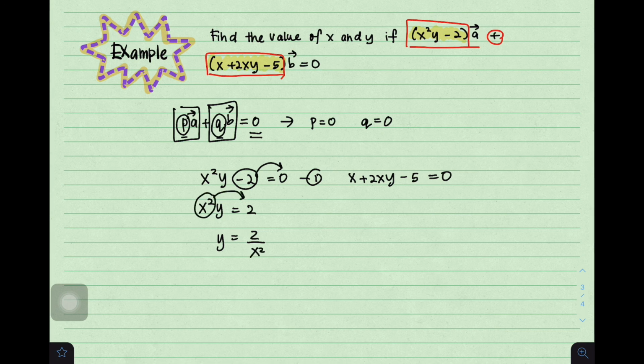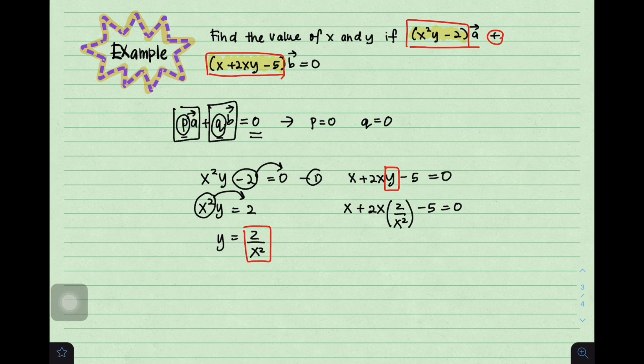Okay, so bila awak dapat y sama dengan 2 per x square, apa yang awak perlu buat adalah awak perlu gantikan y ini dengan nilai ini. Okay, so bila kita gantikan, apa yang kita akan dapat adalah x tambah 2x, y kita adalah 2 per x square, tolak dengan 5 sama dengan 0.